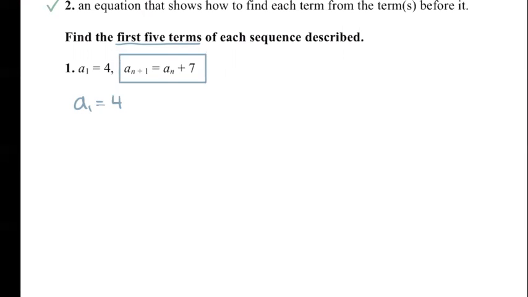So using that formula, this just tells me that to get to the next term, I take the previous term and add 7 to it. That's it. I just take the previous term and add 7 to it. So if I want a sub 2, that means n plus 1 is 2, which means n must be equal to 1.